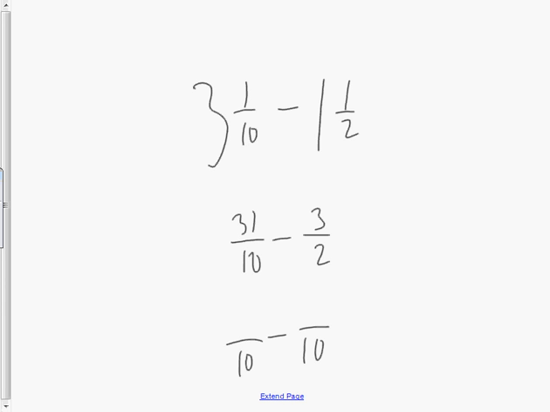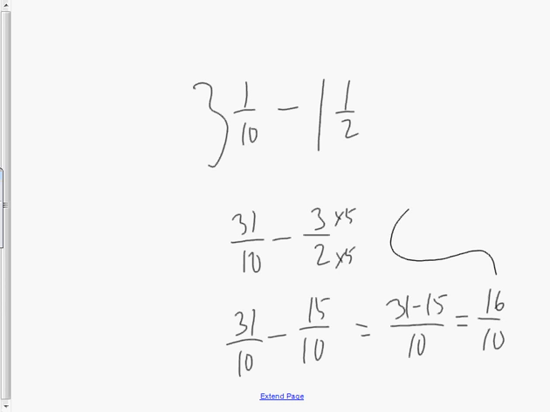It just means you have to reduce your answer. 31/10 doesn't change, but 3/2 will change to 15/10. Subtract your numerators, keep your denominator. You end up with 16/10, which is 1 6/10, which in lowest terms is 1 3/5.